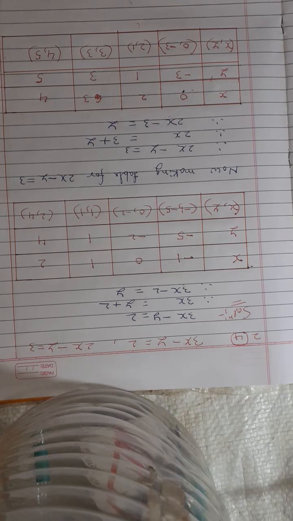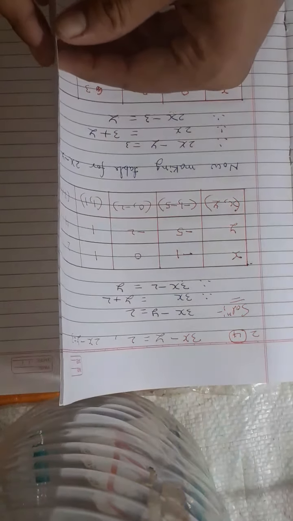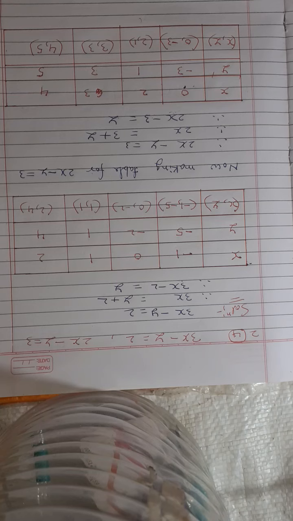Now we have to draw its graph. Okay? The graphs of both equations we have to draw. So the table is right, na?